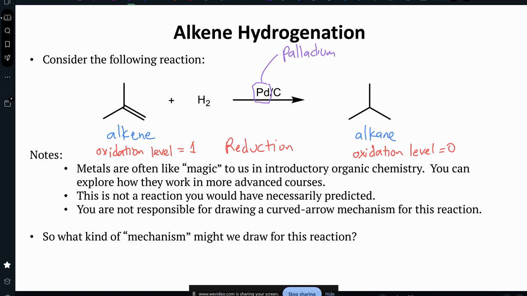This reaction also works with platinum, and it's mounted on carbon. So we would call this palladium on carbon or platinum on carbon. These metal surfaces can often catalyze a whole range of reactions.